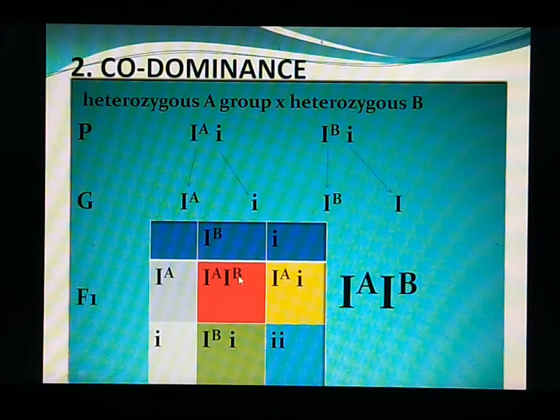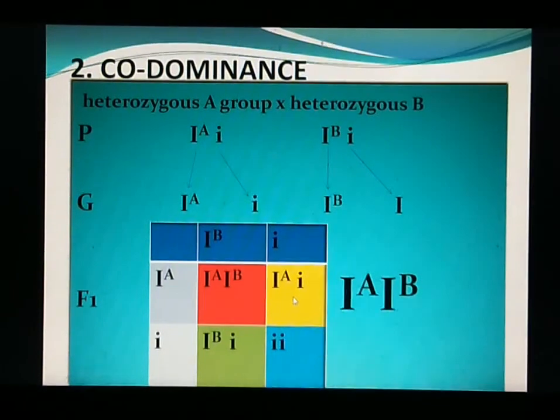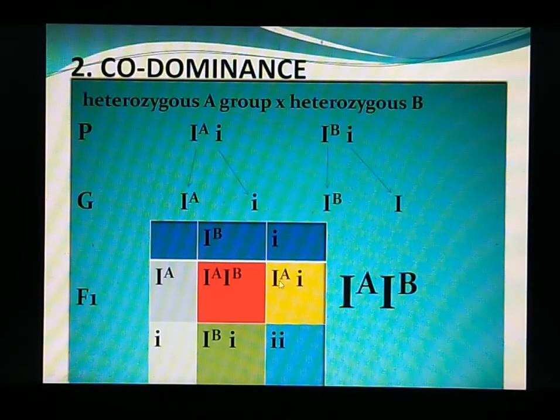We will see there are 4 different types of offspring in this family. One person has AB blood group, one has A blood group. As we know, capital I A is dominant, so it will indicate A blood group. Small i is recessive. Another has B blood group, and the fourth individual has O blood group.